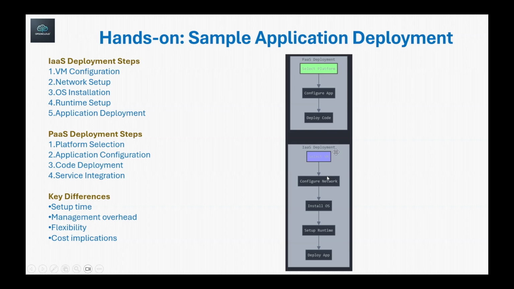This is about IaaS. But the differences that we are seeing here is with PaaS, platform as a service, the deployment steps should be a little different, because you are not responsible for selecting a VM or configuring network or anything directly related to infrastructure. What you will do is just select the platform, like AWS Elastic Beanstalk or Azure App Service.